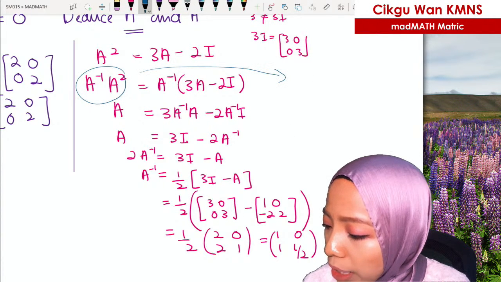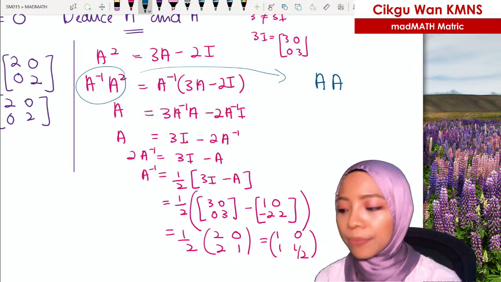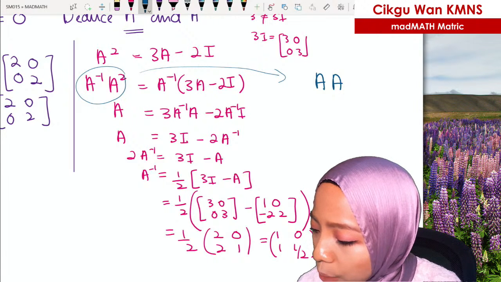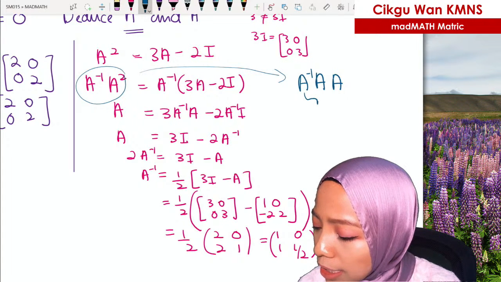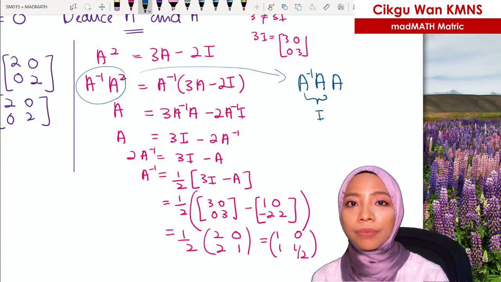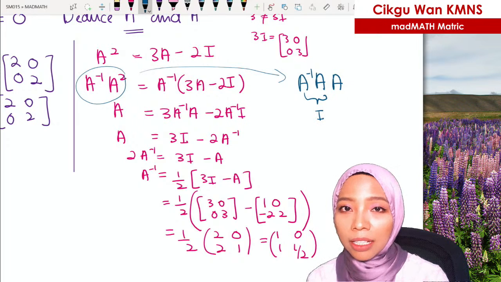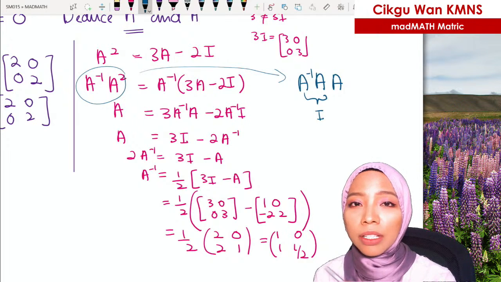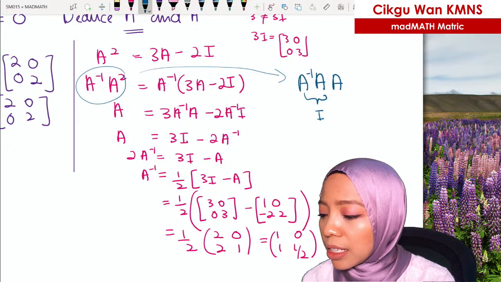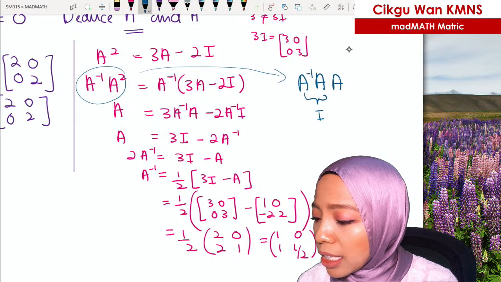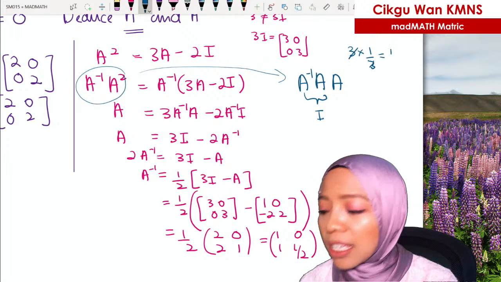A square bermaksud A dengan A. And then dia ada kawan dekat sini A inverse. So ini jadinya identity. A inverse darab dengan A atau A darab A inverse akan memberikan jawapan identity. Identity ni dibaratkan macam 3 darab dengan 1/3, dapat 1.